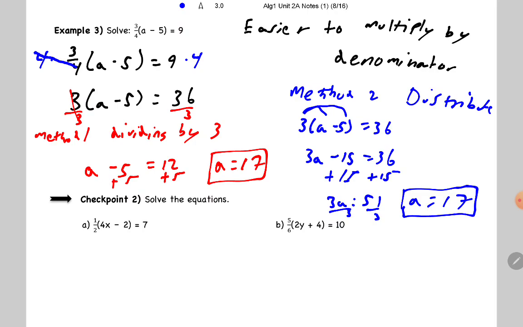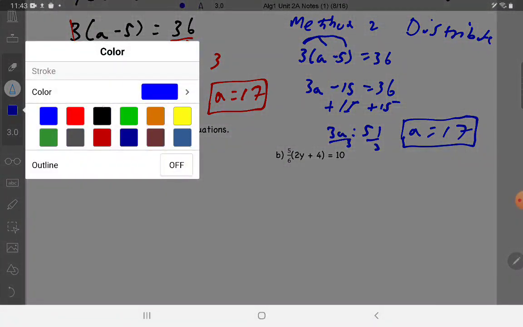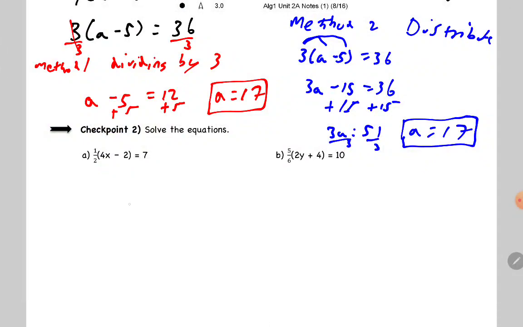All right, let's do this. Checkpoint. So I'm going to multiply both sides by the reciprocal, which is just 2 over 1.